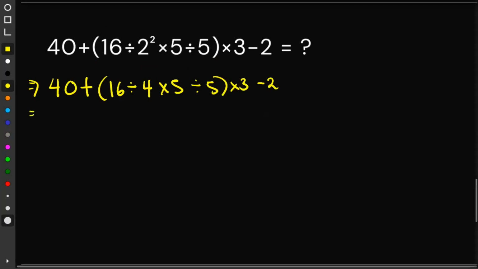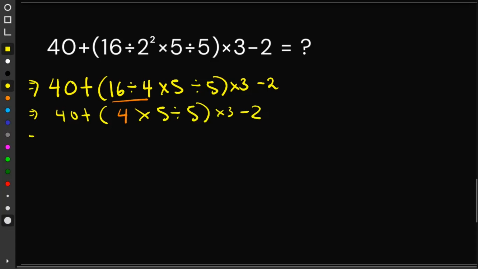For this one, we start from left to right inside the parenthesis since it's multiplication and division. So we have 40 plus 4 times 5 divided by 5 times 3 minus 2.